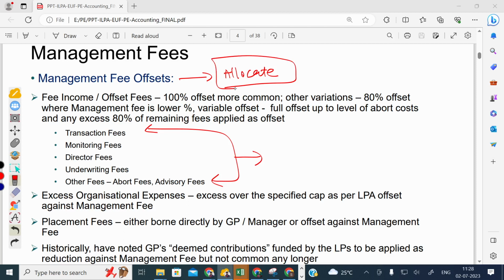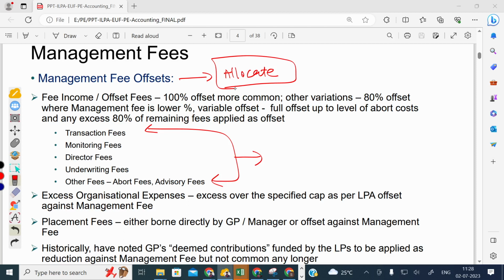But in private equity, your management fees will offset against all these expenses: underwriting fees, director fees, monitoring fees, transaction fees, and other fees.